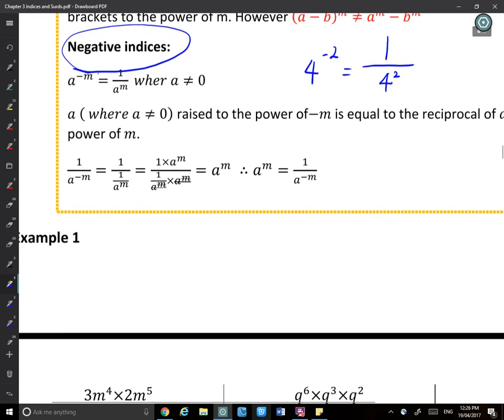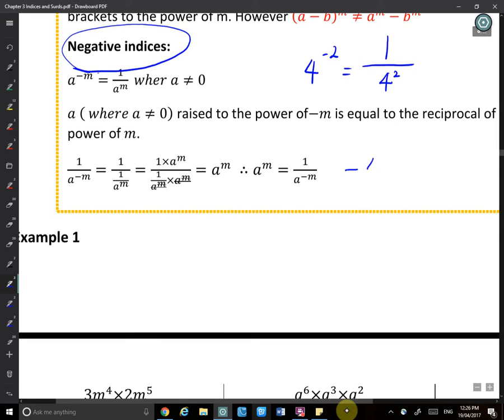Like for example, negative 4, in the bracket or not in the bracket? No bracket, and then it's negative 4 to the power of negative 3. So the negative in the front is a negative 1. You don't really need to think about that. That's the actual negative in the front. And then the 4 to the power of negative 3, you think of it as 1 over 4 to the power of 3.